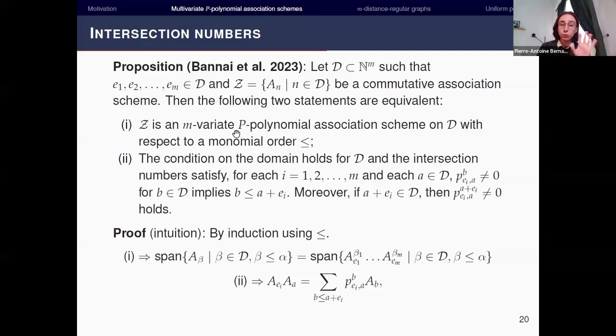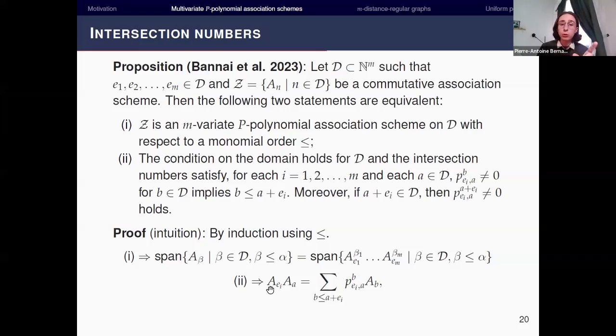And if you want to use the first statement to prove the second, you look at the second line, the action of A_{e_i} on the matrix E_a, and then you can rewrite E_a in terms of monomials, and then apply the equivalence of the spans of the two vector spaces to find that the only terms that arise in this sum on the right-hand side are the b's that are smaller than a plus e_i.